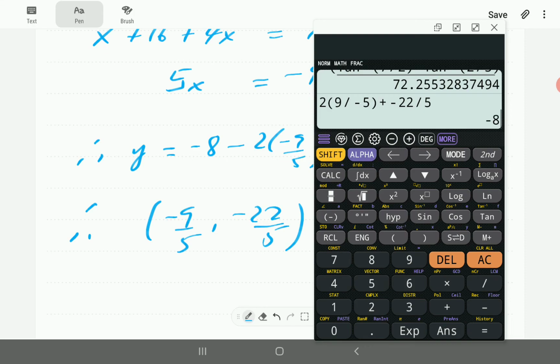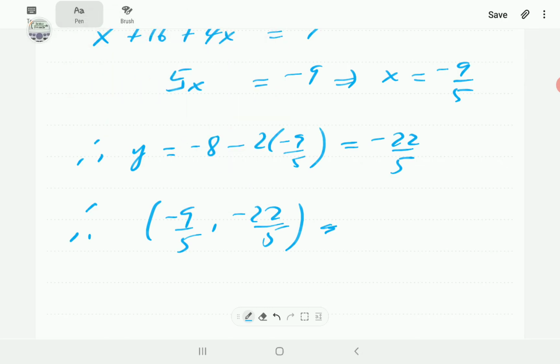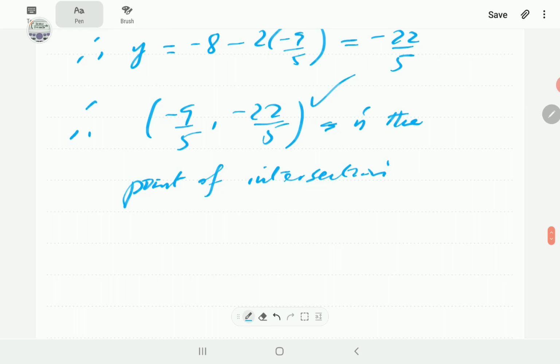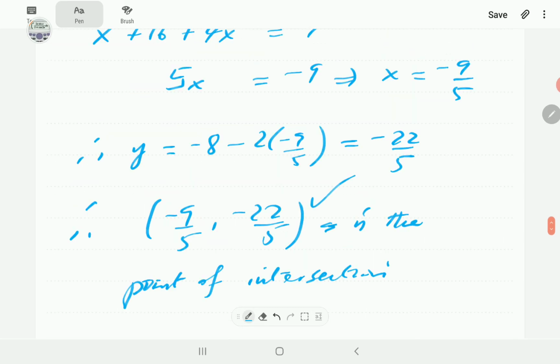So this must give us -8, and indeed it does give us -8. So straight away we know that that is correct. So this is the point of intersection. All right, so that is E.